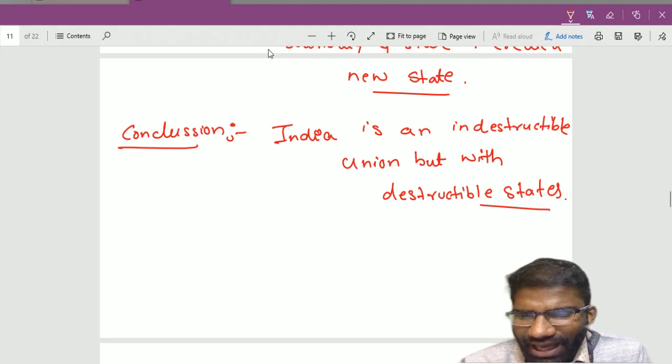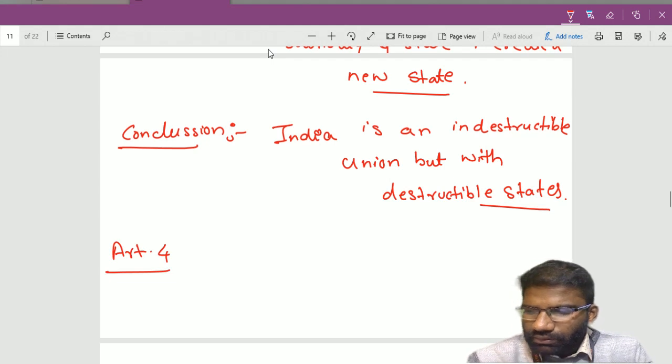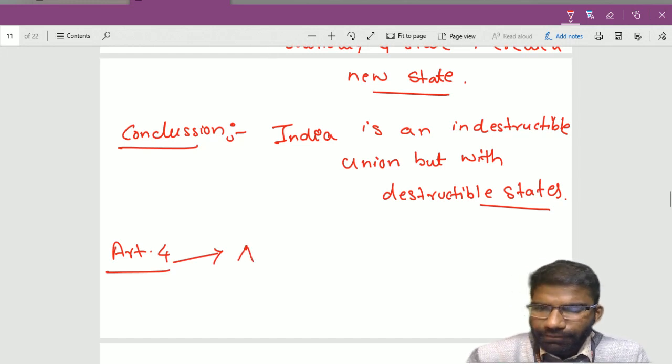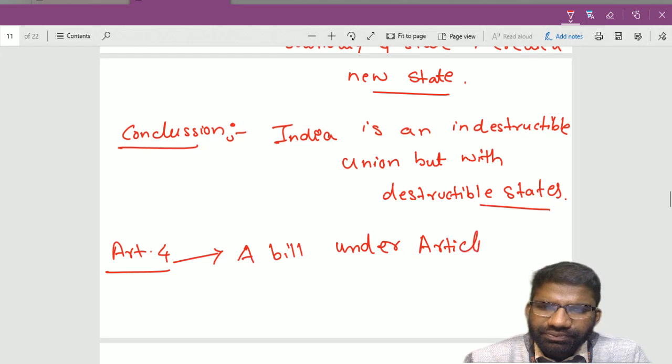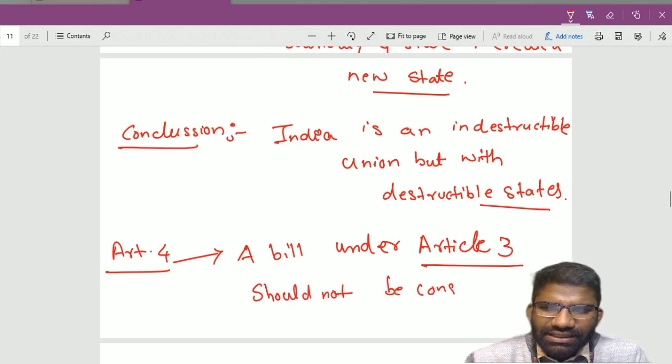Now, we will analyze Article 4 also. Article 4 says that a bill under Article 3 should not be considered a constitutional amendment bill.